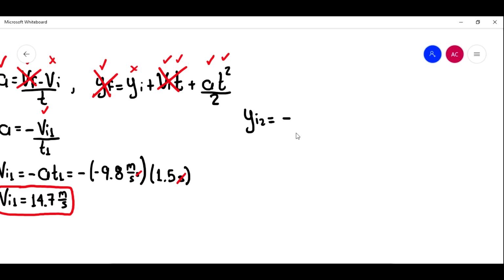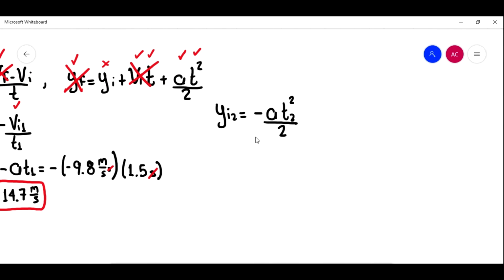Initial position equals minus the acceleration that multiplies the time of segment 2 squared over 2. So let's do it in the calculator. This is negative minus 9.8 meters per second squared that multiplies 1.5 seconds squared over 2.